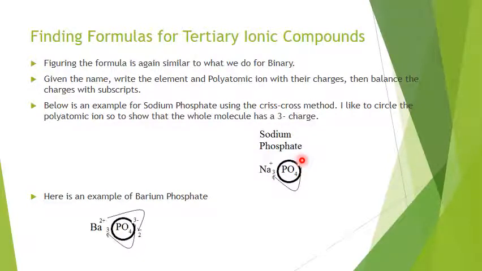Then you crisscross the charges. There's a 1 in front here, so you bring a 1 over here, and you bring a 3 over here. So this is the formula: Na3PO4. That 3- belongs to this whole thing.